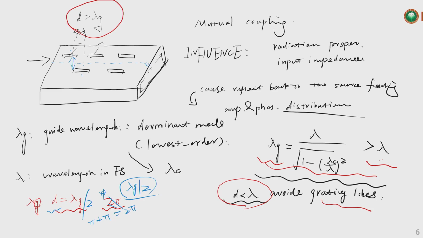And the coupling is perfect. Also, according to these equations, half of lambda g can be smaller than the wavelength in free space. So both conditions can be satisfied, and we can get, for example, perfect coupling and also reduced grating lobes.